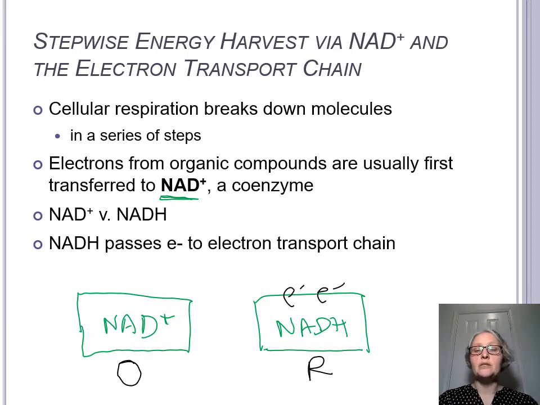So what happens in cellular respiration is we start with glucose, take some electrons away from glucose, and put those electrons into this box, into NAD+, to turn it into NADH. These boxes of NADH will then be transferred to something called the electron transport chain, where those electrons will continue to release energy.